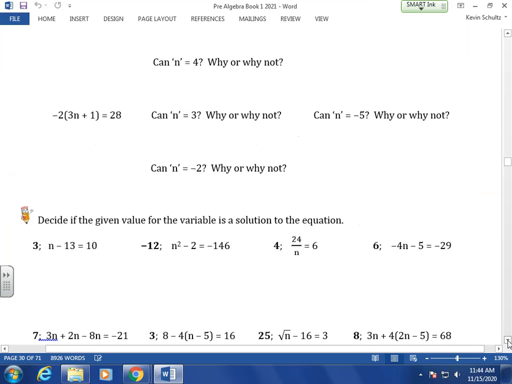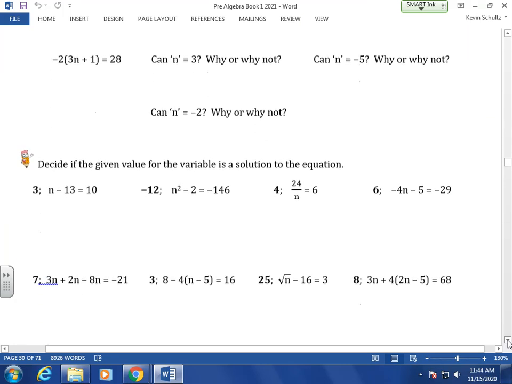Our equation gets a little bit more in depth here. We've got negative 2 times (3n plus 1) equals 28. Can n be 3? Let's test. So we've got negative 2, and we're replacing n with 3. So 3 times 3 plus 1.